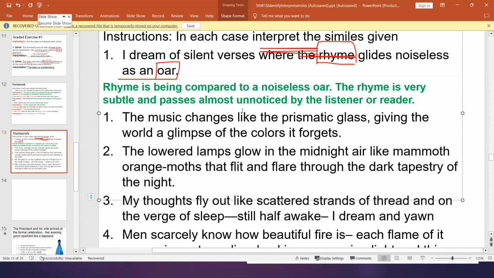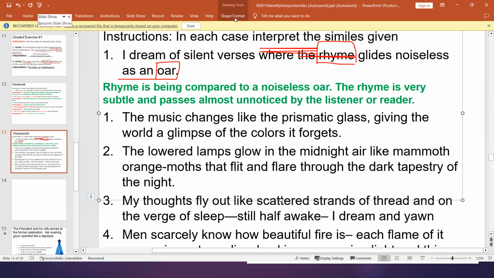The rhyme is very subtle and passes almost unnoticed by the listener or reader. What do we mean by subtle? That you have to think about it before you actually understand it. Yes, very good. It's subtle, it's hard to distinguish.